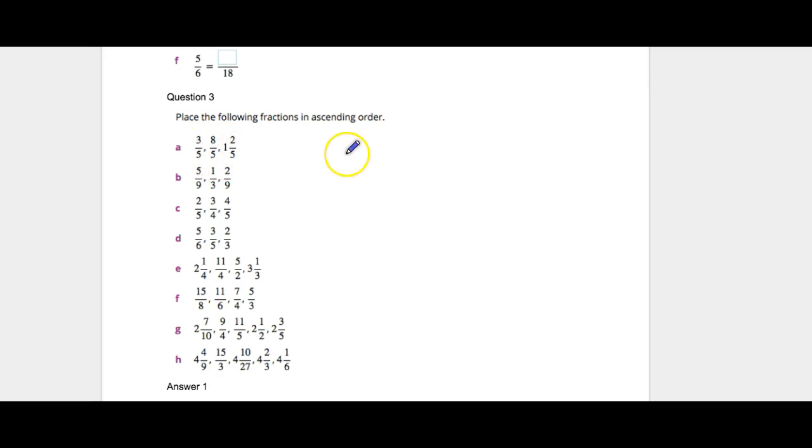So this mixed number might make it a bit difficult to compare, or this improper fraction. Okay, so what I'm going to do is have to rewrite either the improper fraction or the mixed number. I think it's easier just to get everything as an improper fraction, but it's a personal preference. So if you wanted to change the 8/5 into a mixed number, you can. So 1 2/5 becomes 7/5.